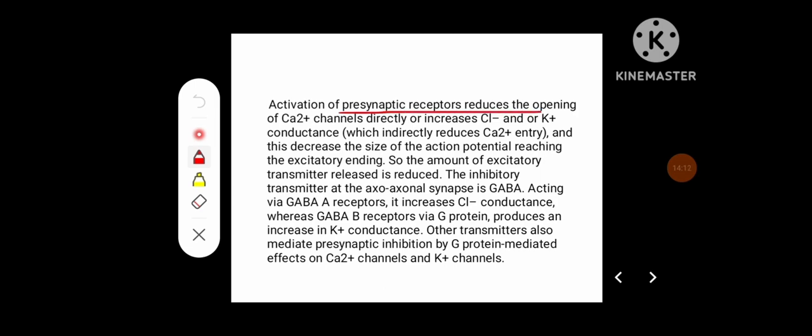Activation of presynaptic receptors reduces the opening of calcium channels directly, or increases chloride and potassium conductance, which indirectly reduces the calcium entry. This decreases the size of the action potential reaching the excitatory ending, so the amount of excitatory transmitter released is reduced.